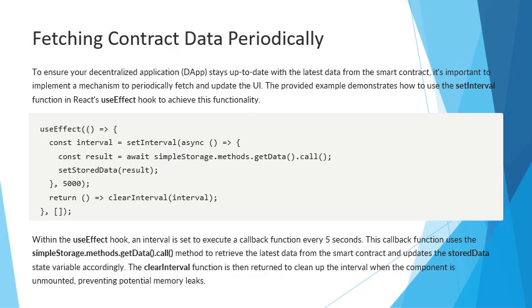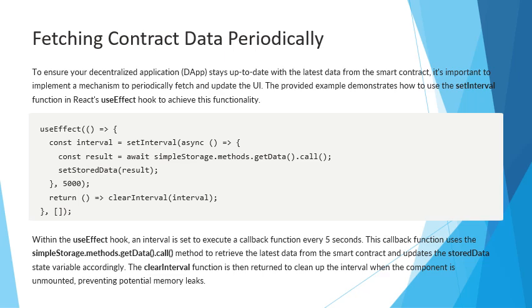To ensure your DApp stays up to date with the latest data from the smart contract, it's important to implement a mechanism to periodically fetch and update the user interface. The provided example demonstrates how to use the setInterval function in React's useEffect hook to achieve this functionality. Within the useEffect hook, an interval is set to execute a callback function every 5 seconds.